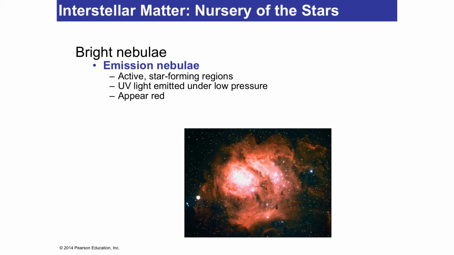But if this UV light goes into this cloud, if the cloud is under low enough pressure, then what actually happens is it kind of steals a little bit of the energy. UV is a higher energy, shorter wavelength than visible light. When it is absorbed by this gas, some of the energy is absorbed, and it basically sucks a little bit of the power out of this UV light and turns it into visible light.